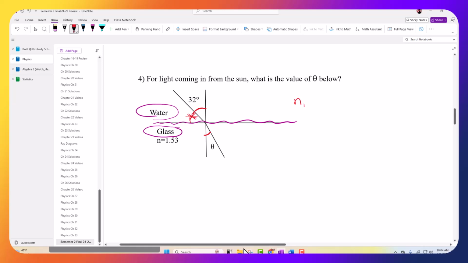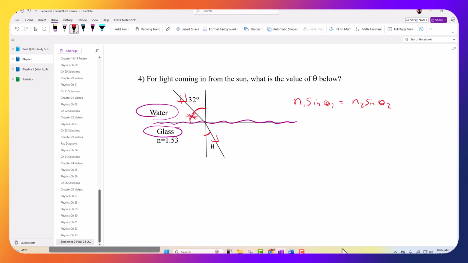Snell's law says n1 sine of theta 1 equals n2 sine of theta 2. Doesn't really matter which one's 1 and which one's 2, it could be coming from the glass side to the water or the water to the glass. It won't matter. N1, let's just call that water.